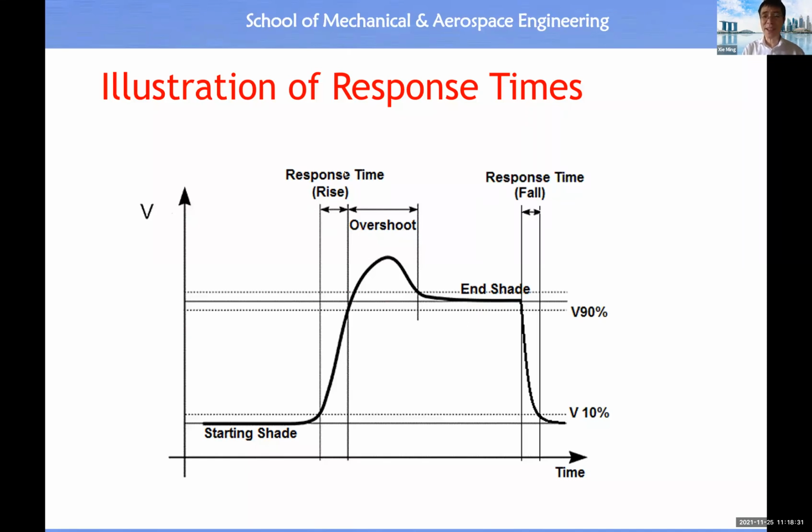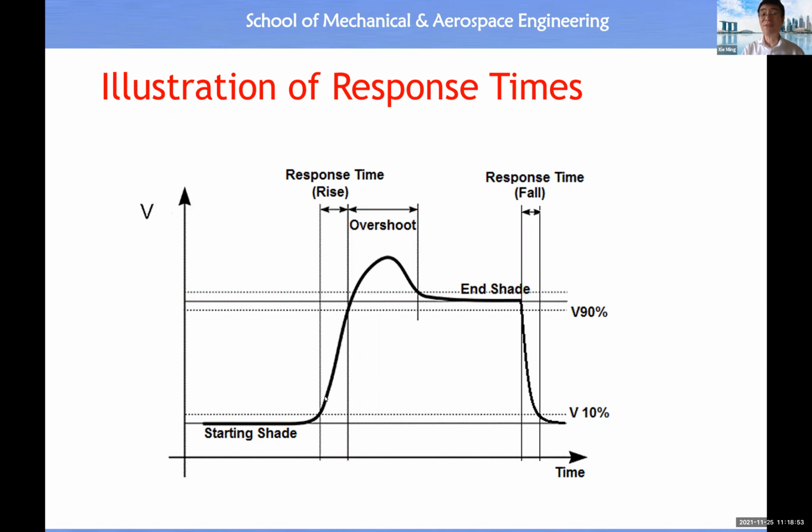You may have another indicator about the response time, called the rise time. It is the time taken for the output to change from 10% of the new steady state to reach 90% of the new steady state.